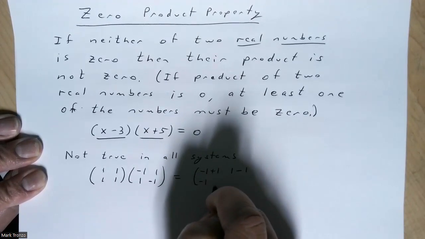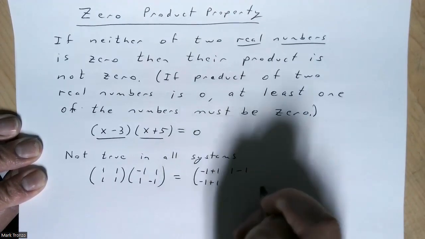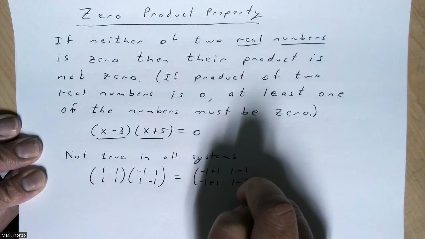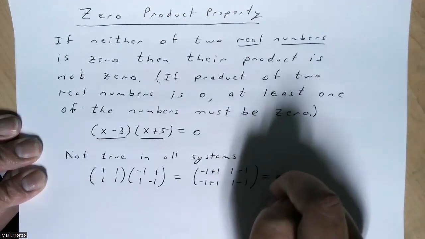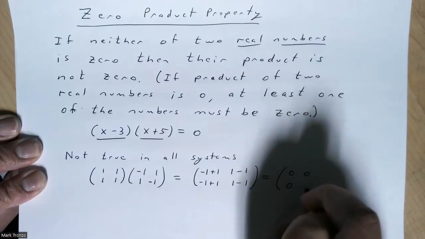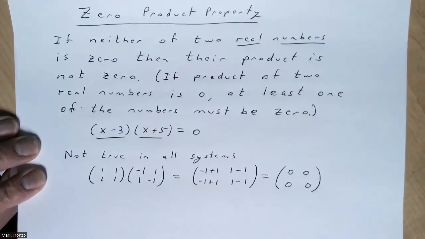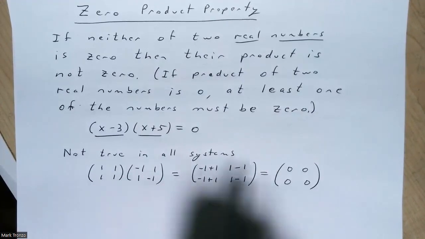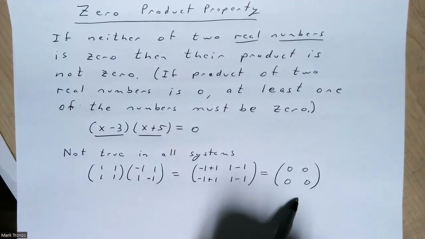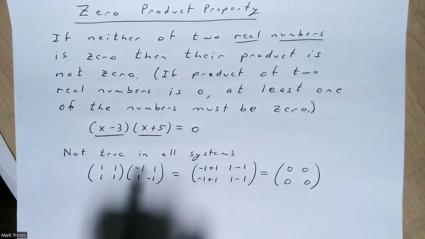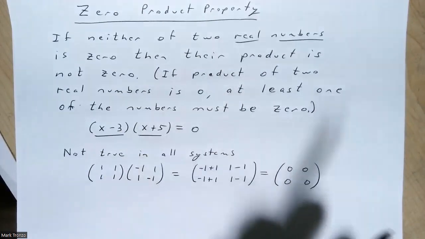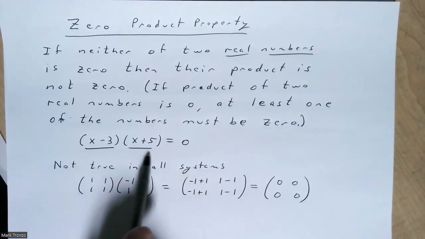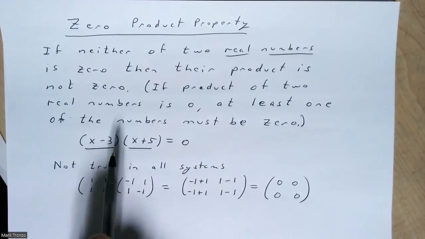Down here, -1 plus 1. And 1 minus 1. So 0, 0, 0, 0, like that. So here, neither of these was the 0 matrix, but when we multiplied them together, we got the 0 matrix. So in some other systems, this zero product property is not true, but in real numbers it is. And that's why we can do things like that, and it comes into play a lot.